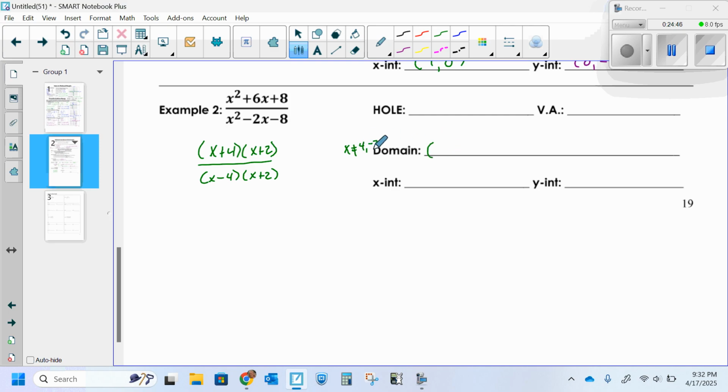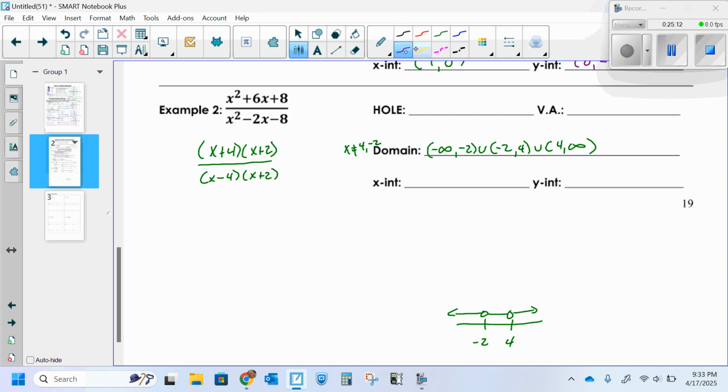So it's everything but those two numbers. So -infinity to -2. Make sure you go in order from low to high. Negative 2 to 4, don't forget that part, union 4 to infinity. So it's all real numbers except for negative 2 and 4. If you need to draw that number line to help you, by all means, do it.